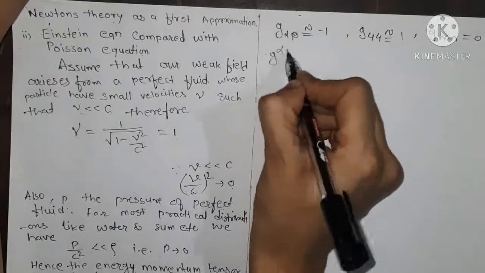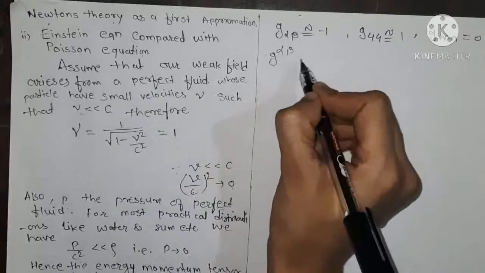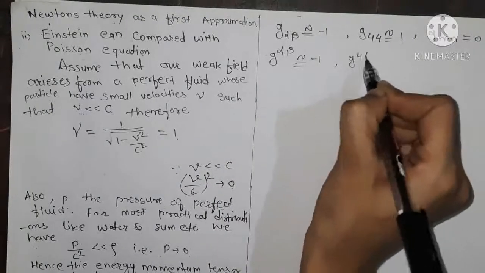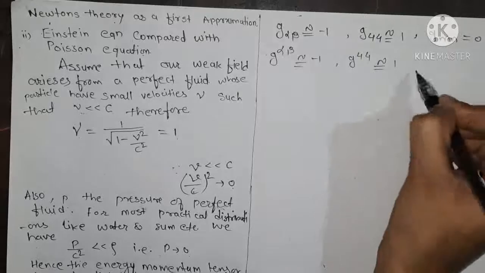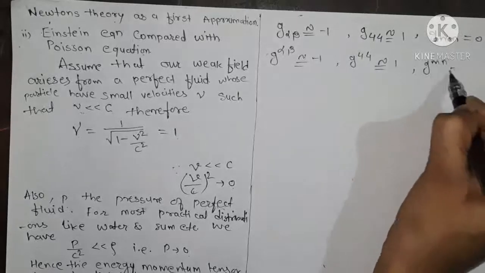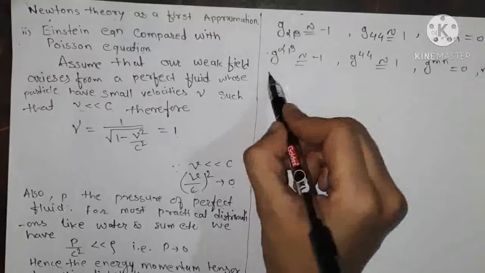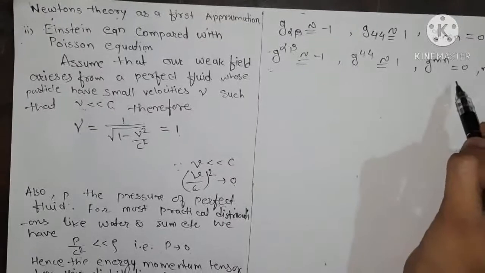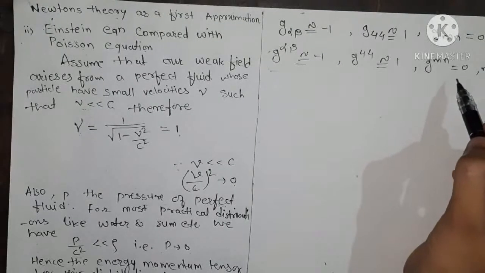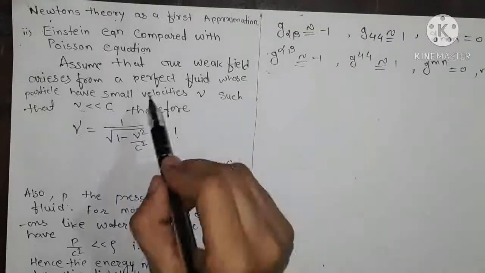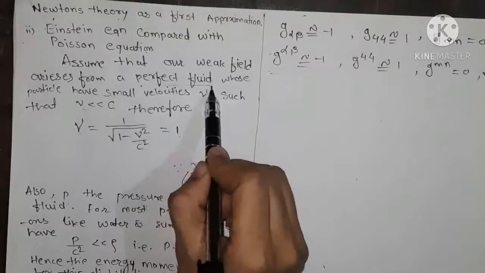Also the metric conjugate tensor g alpha beta is approximated to -1, g upper 44 is approximated to 1, and g upper mn equals 0 when m is not equal to n. This is the case when our field is a weak field, formed due to the distribution of the perfect fluid.